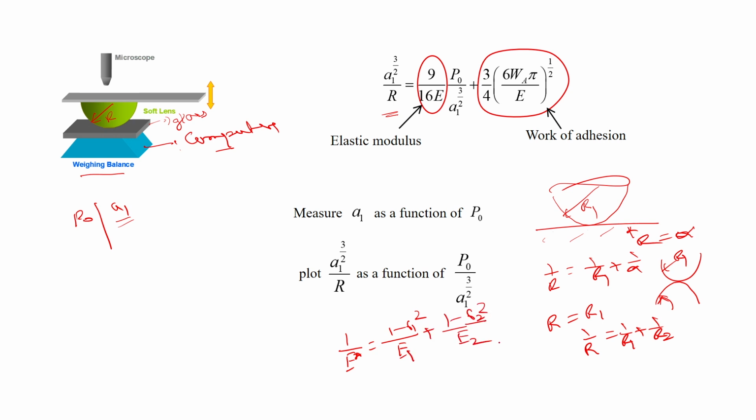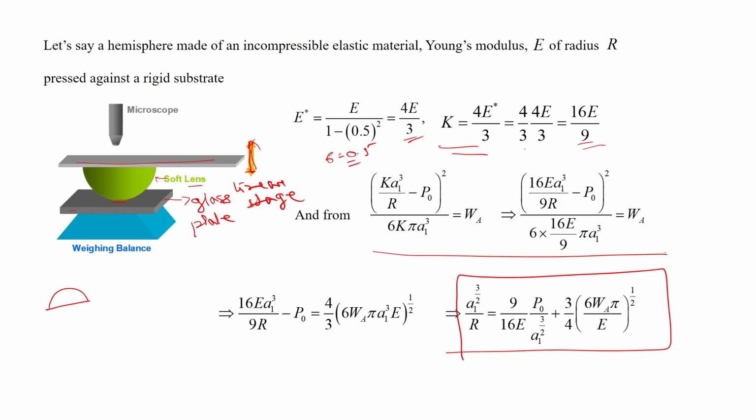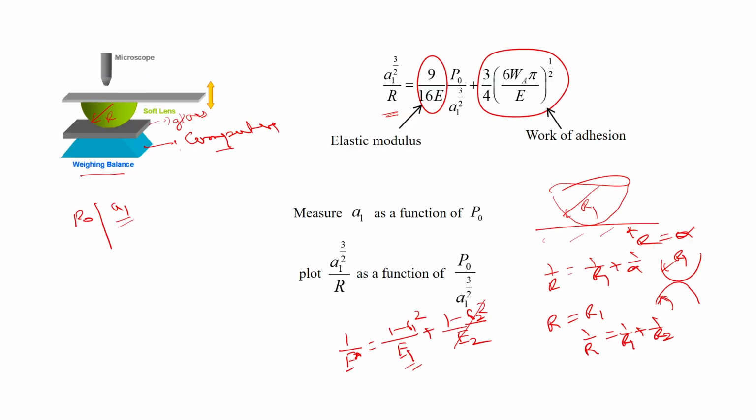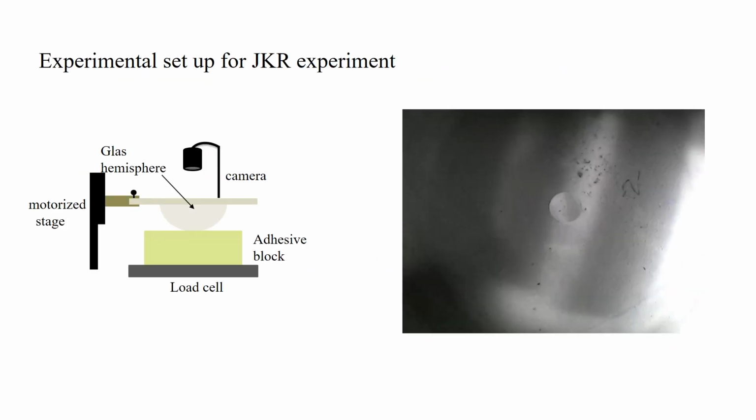Since E2 is much larger than E1, do not worry about it, you have only this part. It is from that concept that we write here E star equal to 4E by 3, where the Poisson ratio is let us say 0.5. Now it may happen that in a different experiment, as I have shown here, you have a soft adhesive layer, an adhesive block, let us say.